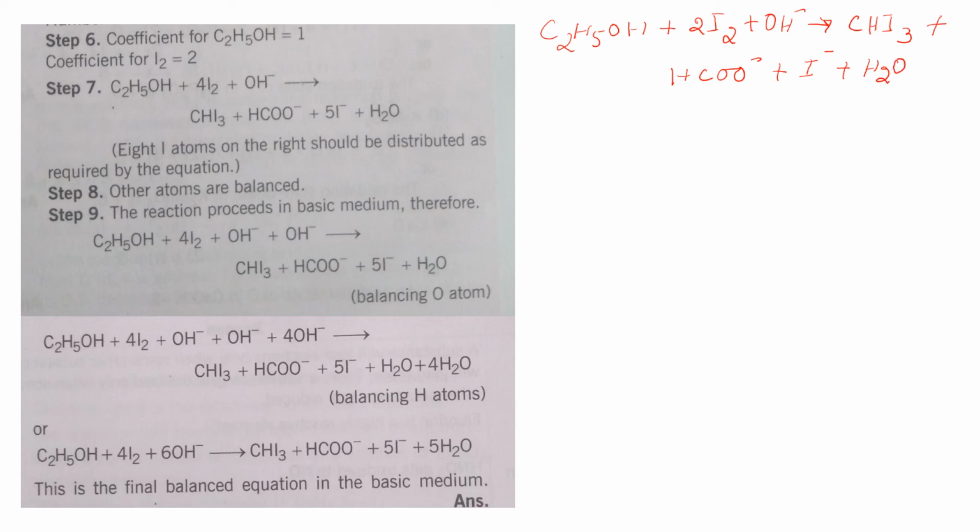Now I have to multiply C2H5OH with 1 and I2 with 2. So I will multiply this C2H5OH with 1. I am getting C2H5OH only. And I2 I have to multiply by 2. So 2 twos are 4, I2, plus OH minus.